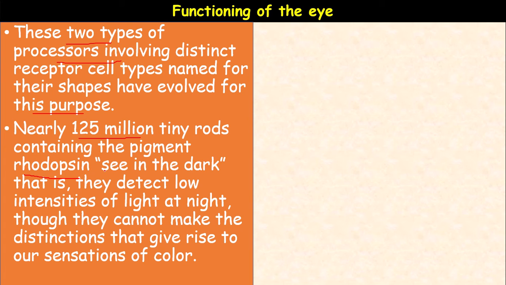Rhodopsin is the pigment which is active, and we are able to see in the dark with the help of rods. That is, they detect low intensities of light or dim light. We can see the objects in dim light or at night due to the presence of rhodopsin pigment which is present in the rods.